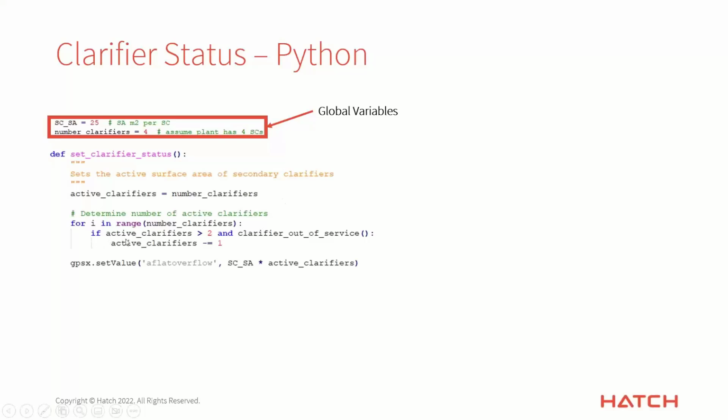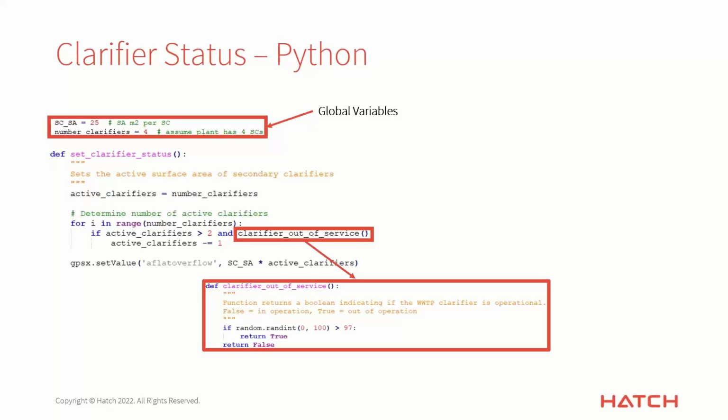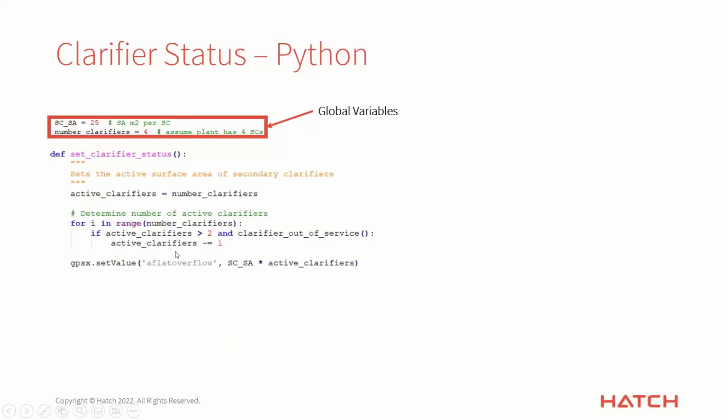So we have in our control logic, do we have at least 2 clarifiers in operation? Because that's an assumption that we're making. And then we take a look at this clarifier out of service function call, where our uncertainty is being added with another random integer where we say if it's greater than 97, then this clarifier is out of service. Otherwise, it's still in service. And then we just decrease the number of active clarifiers if we need to and set what the total surface area of the secondary clarifiers is in GPS-X.